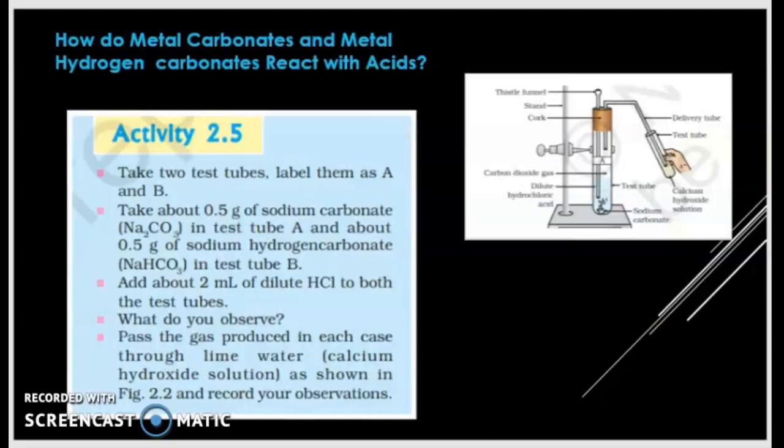This is the activity in your textbook, activity 2.5.